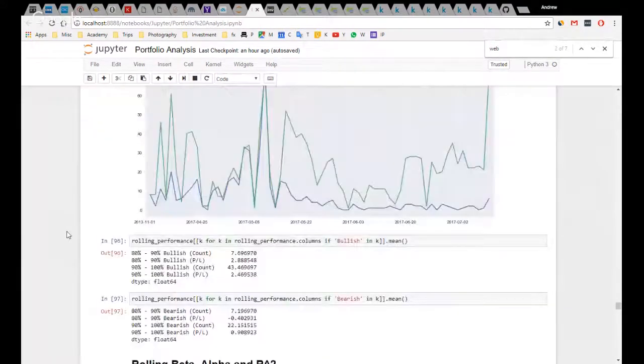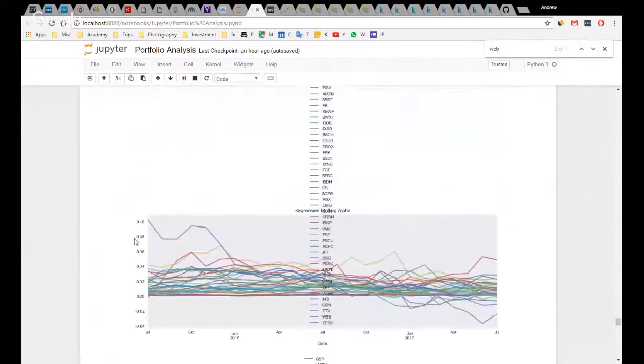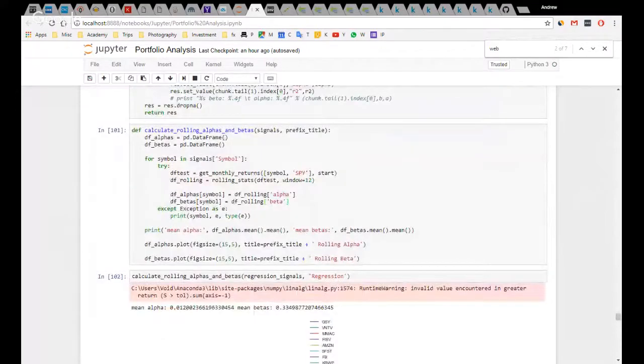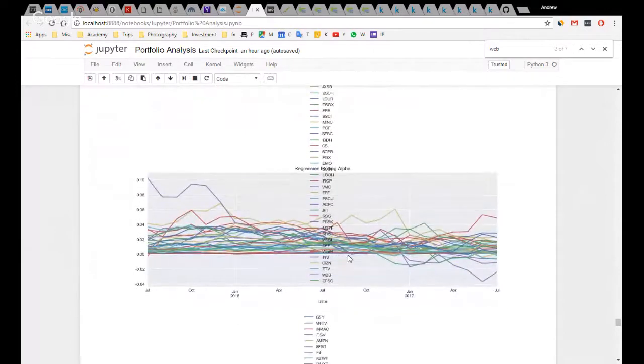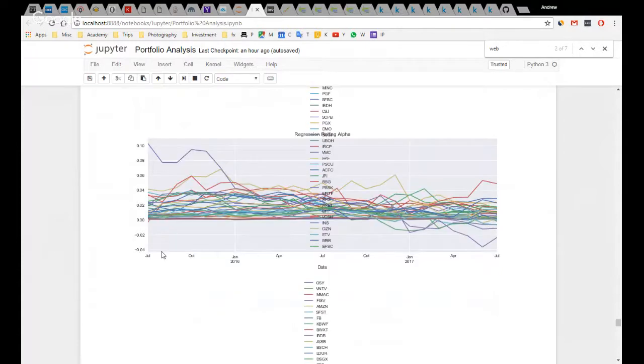So think about it. We know that we usually benchmark our performance with some ETF or some index. Usually it's the SPY, right? In this example, we can see that those trading signals on average have alpha, which is higher than zero, which means on average we make more money with those signals than the S&P 500.